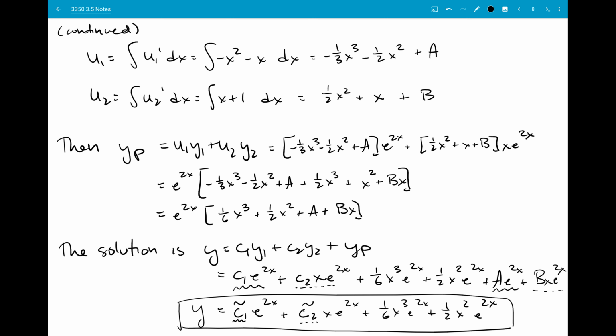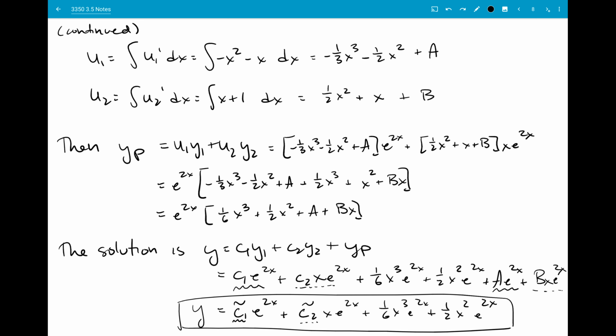What happened in that last step right there was, remember, when we have a second order differential equation, if we have an initial value problem, we'll get two conditions that we can solve for two unknown constants. So this a and b we have no way to solve for, except it doesn't matter because they belong to the same term as part of the fundamental solution set for the homogeneous equation.